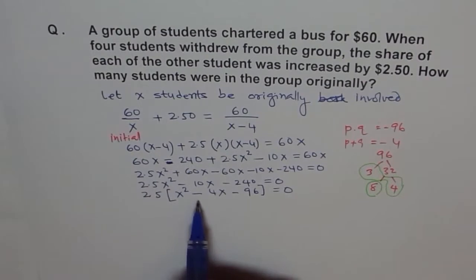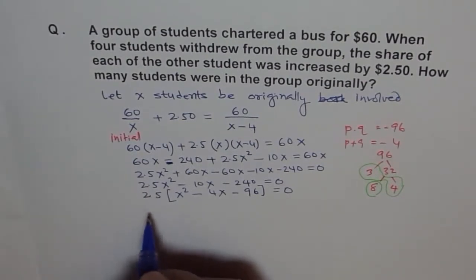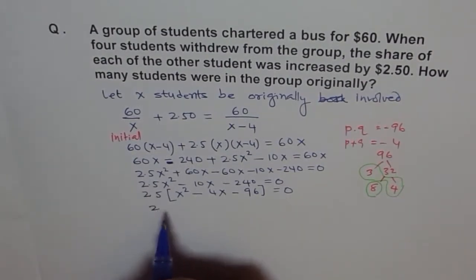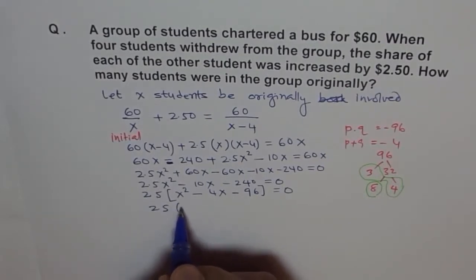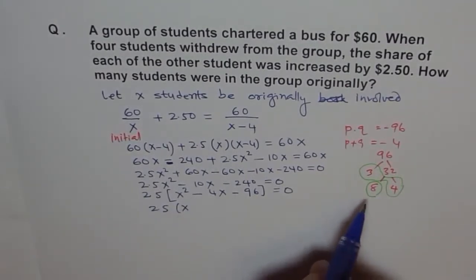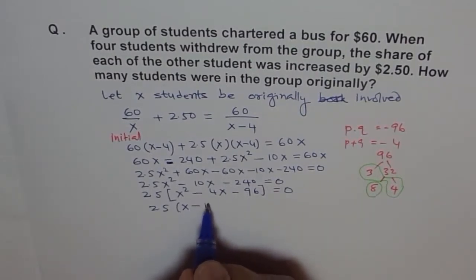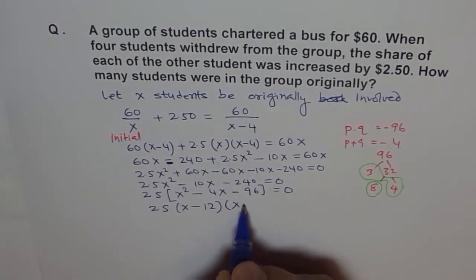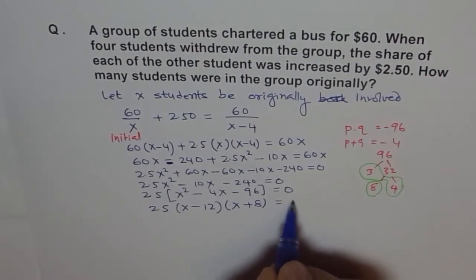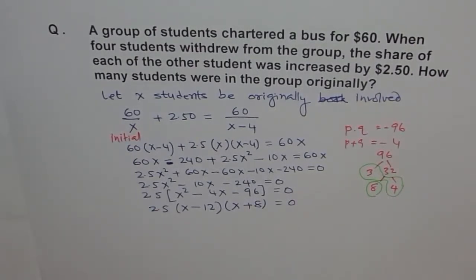And which is going to be bigger? The bigger number is 12. So we can write this as 2.5 times x minus 12 times x plus 8 equals 0, with the 12 negative and the 8 positive. Correct? Now, what is the solution?